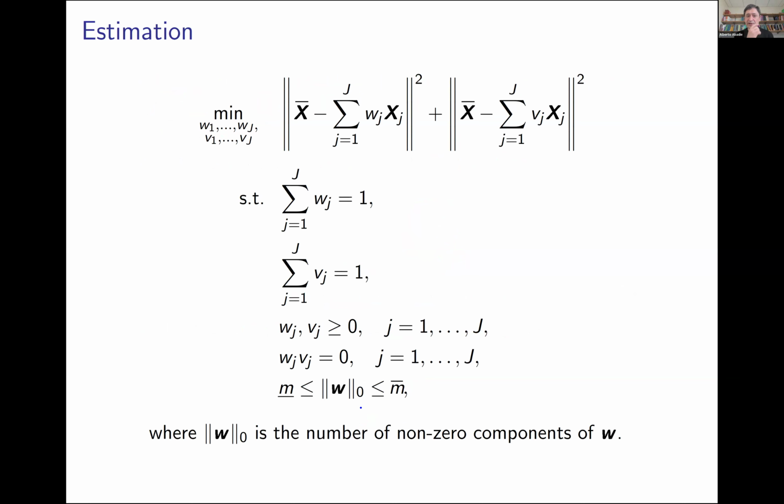We are going to choose a synthetic treated unit that is going to reproduce the average of the predictors in the population. And we are going to choose a synthetic control unit that is also going to reproduce this average of the predictors in the population. This is given to us by the restriction that we are going to have on the weights.